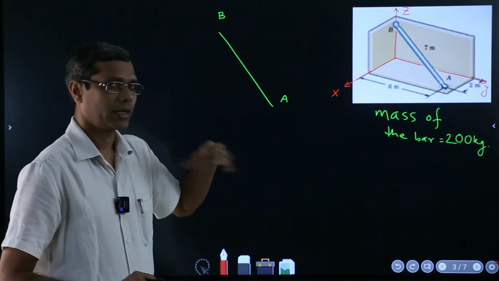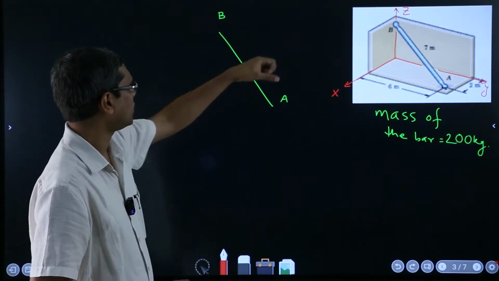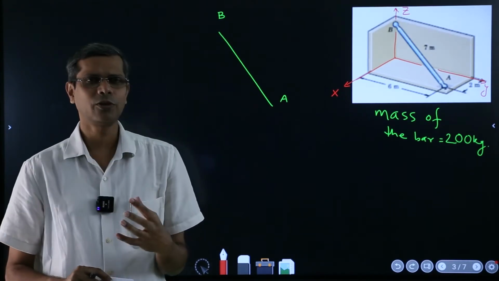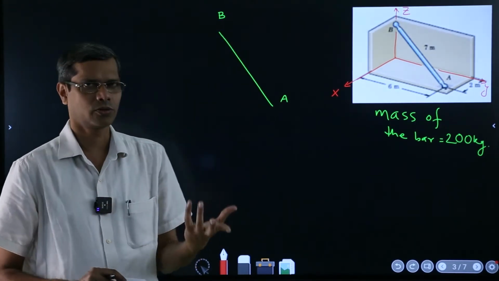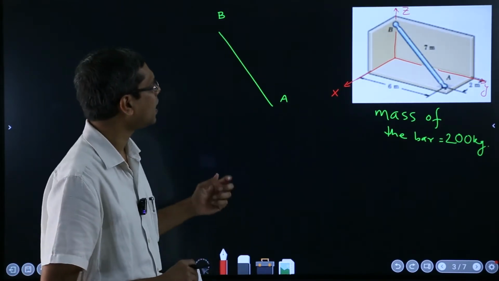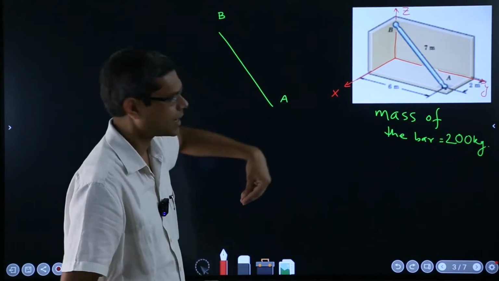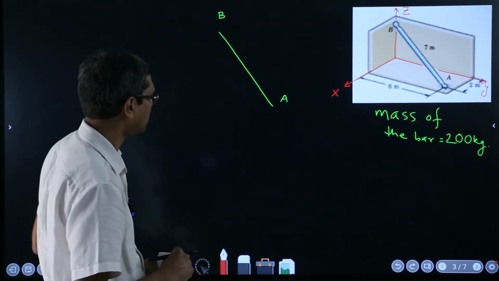See, again you ask the same question to the bar: if I turn you around the point A, will you feel any reaction from the ground? The answer is no, because it's free. So there is no moment. Then you ask, if I move you at point A towards the x axis, will there be a reaction? The answer is yes.